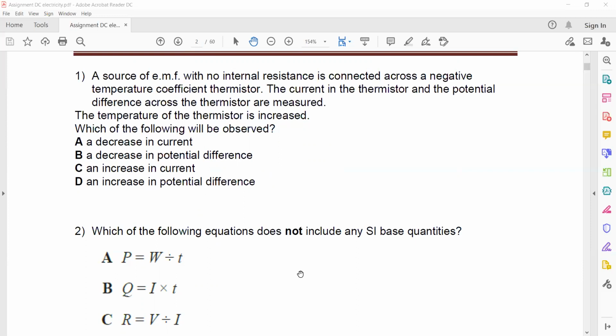The current in the thermistor and the potential difference across the thermistor are measured. The temperature of the thermistor is increased. If we increase the temperature, which of the following will be observed?